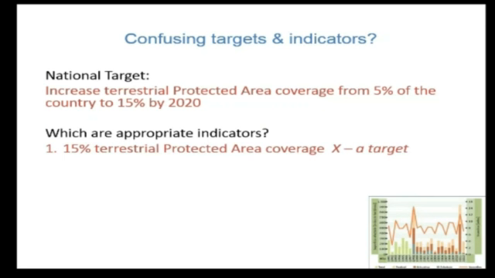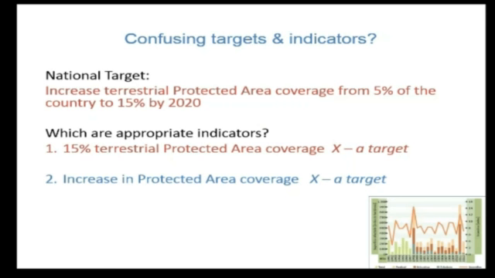So one possible indicator name would be 15% terrestrial protected area coverage. But that's not a very good indicator, because it's confusing with the target. It's got a number and it's got a specific measure in the name of the indicator. So an indicator name shouldn't have a number or value in it. And similarly, if the indicator was called increase in protected area coverage, that also is not a very appropriate indicator, because it's still in the form of a target.